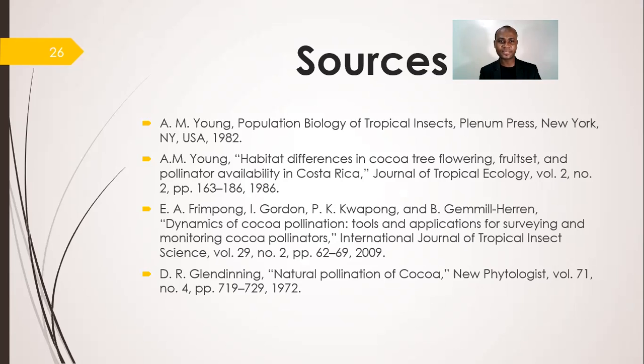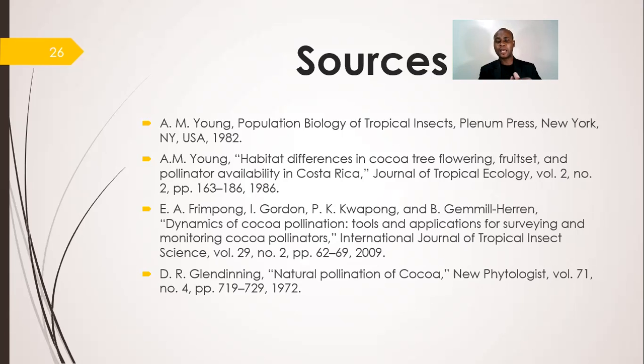Somebody is asking, my cacao is already around 3 years old, but does not produce flowers. If your cacao is around 3 years old and it's still not producing flowers, number one, it could be because of the variety, because some varieties take like 3.5 years before they produce flowers.